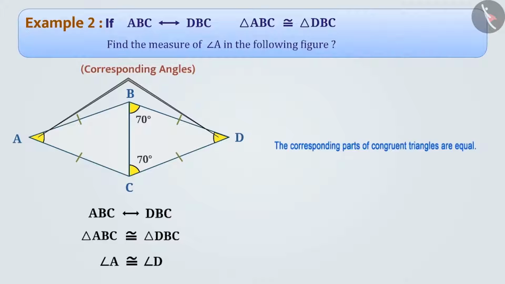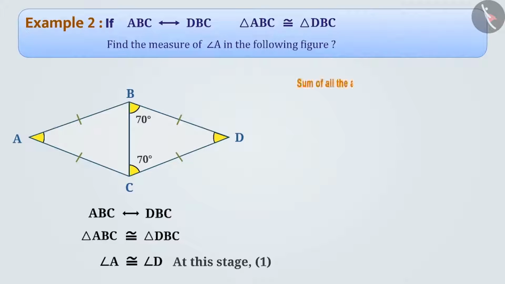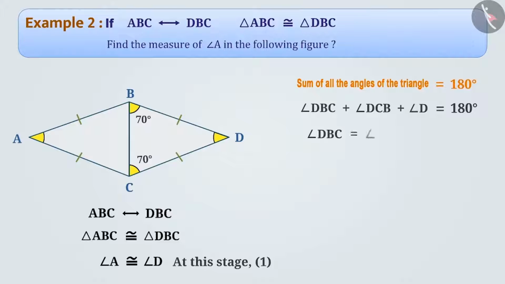You must remember that the sum of all angles of any triangle is 180 degrees. So in triangle DBC, angle DBC plus angle DCB plus angle D is equal to 180 degrees. Here, angle DBC is equal to angle DCB, which is 70 degrees.